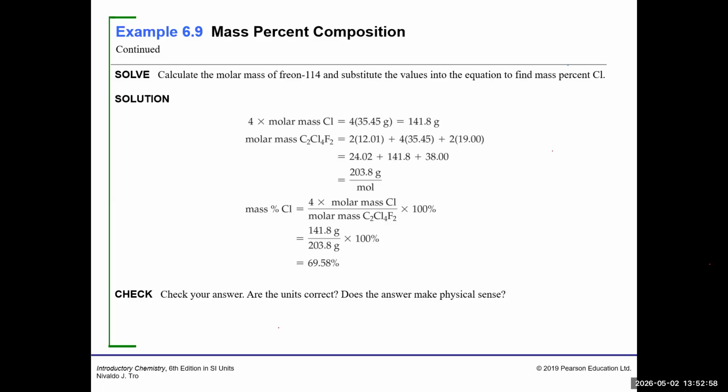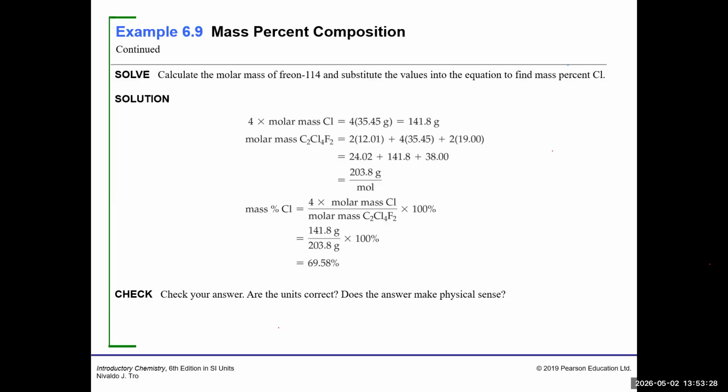And chlorine, we have it already, 35.45 times 4, that gives us 141.8. And then fluorine is 19 grams per mole, so we also multiply by 2 because there are two of them in the formula. Adding them all up gives us 203.8 grams per mole.